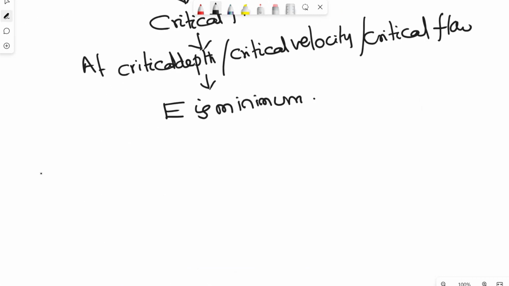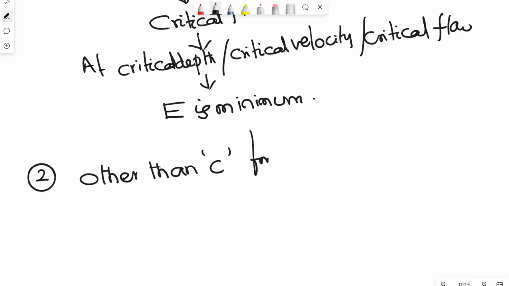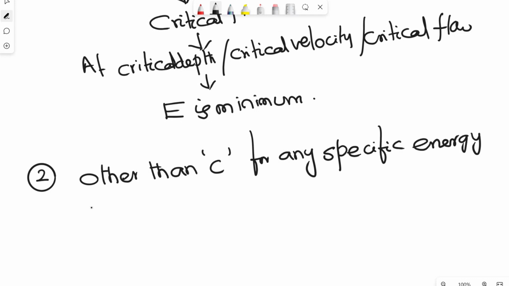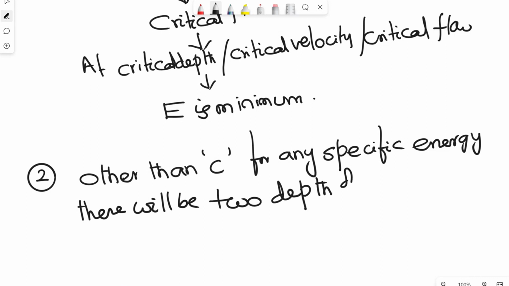The second point is, other than C, for any specific energy, there will be, as I have shown already, two depths of flow, y1 and y2.